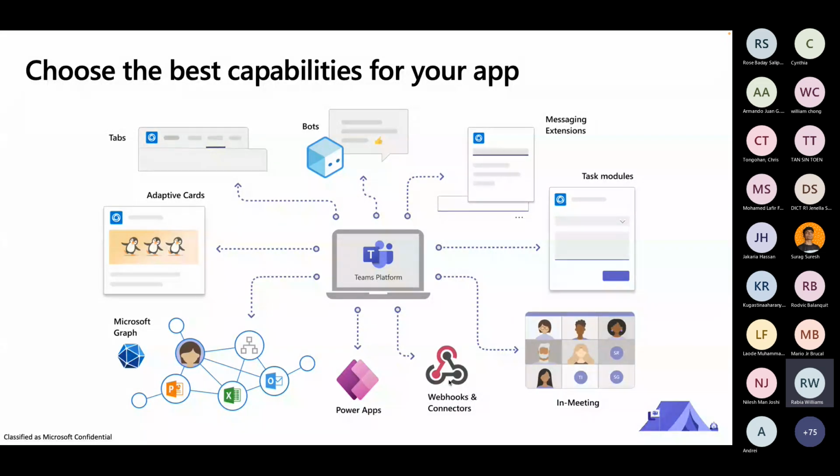So we don't have a lab for that, but it's worth knowing these extensibility points are there in Teams. And then Power Apps is another area that I would not go into detail on, because our content focuses on more developer areas. But it's worth knowing that even through Power Apps, you can create Teams applications.